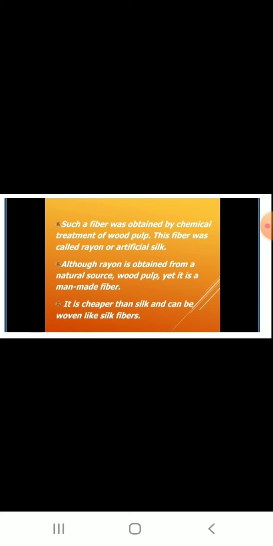Although rayon is obtained from a natural source, wood pulp, yet it is a man-made fiber only, because it is made by human beings. That is why it is called a man-made fiber. It is cheaper than silk and can be woven like silk fabrics. Compared to natural silk, it is cheaper.